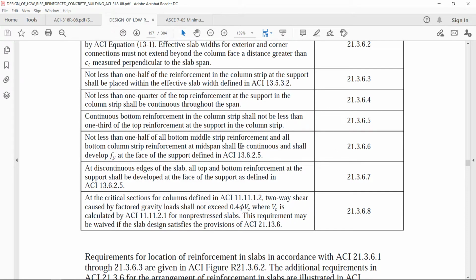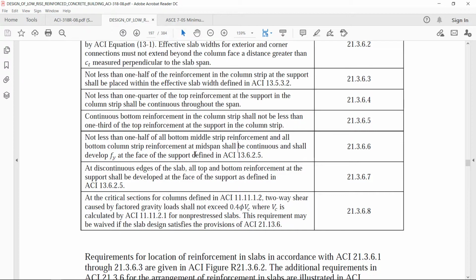Now 21.3.6.6: not less than 1/2 of the bottom middle strip reinforcement, and all bottom column strip reinforcement at mid span shall be continuous and shall develop Fy at the face of the support. So these requirements of having developed Fy at the faces are important.